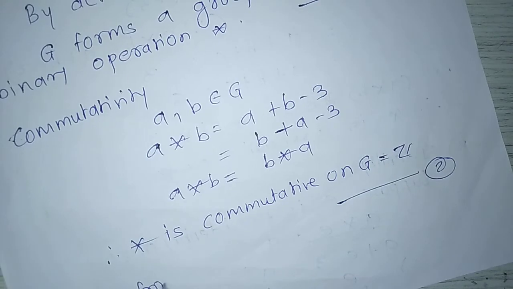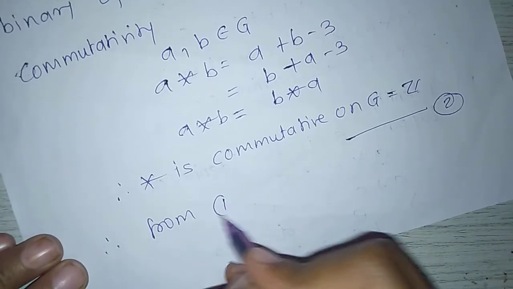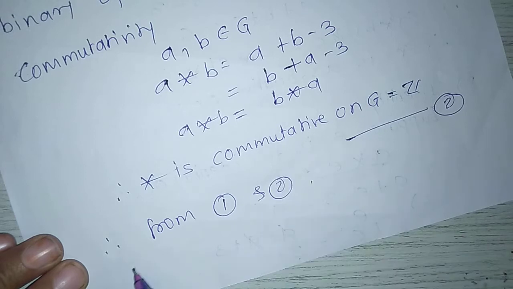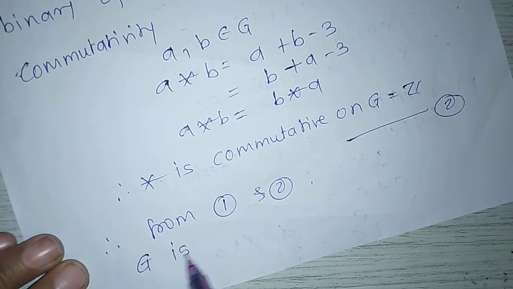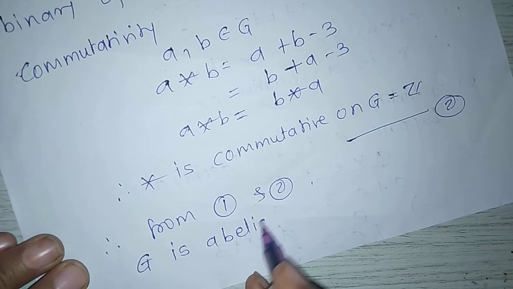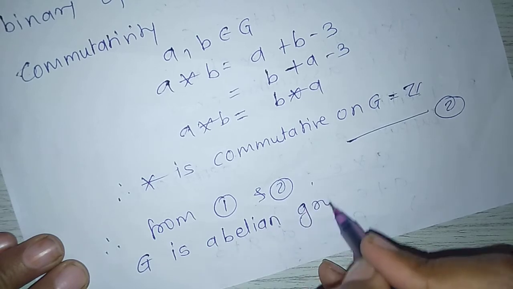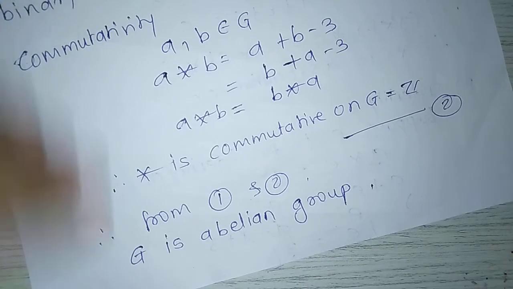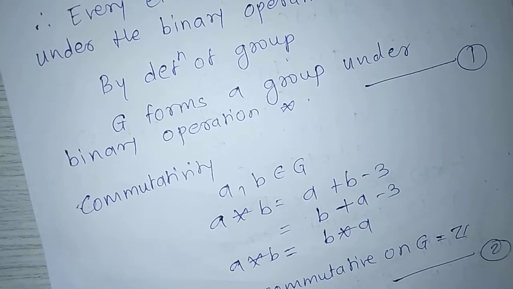Therefore, from 1 and 2, we get G is an abelian group. Now, see the next example.